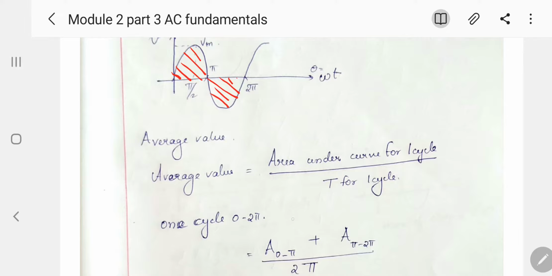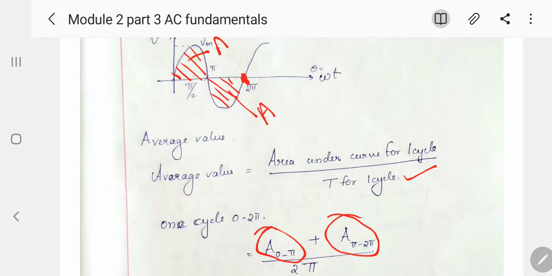Now listen, we can write the total area under one cycle as the area from 0 to pi plus the area from pi to 2 pi, divided by the time period for one cycle, which is 2 pi. Now look at these areas. You can see this area and this area look the same. The only difference is that this one will be positive and this one will be negative. The area will be the same, but it will have the opposite sign.